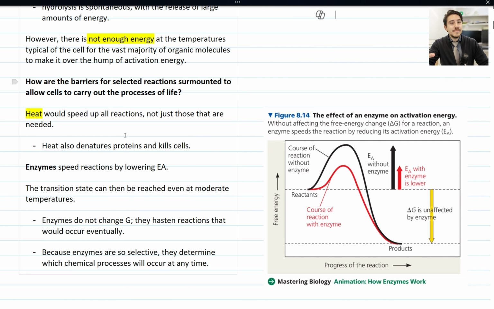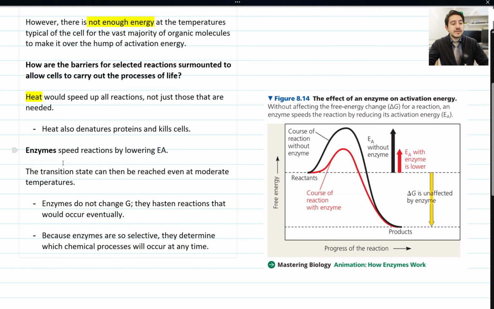So you're kind of going to have the same situation where all of the reactions will occur, and you don't want that also. Another problem with this is that, as we talked about in proteins in the macromolecule chapter, heat can denature protein, and that's also a problem. It can destroy the function of the protein. It can kill the cell. So applying heat to everything isn't the best thing.